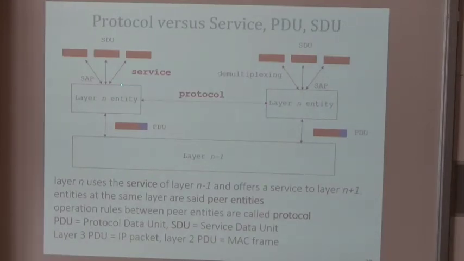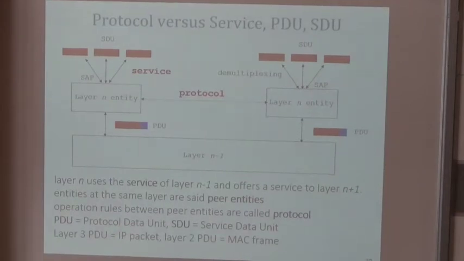That's the service interface. The elements of information that are passed across a service interface are called SDU, service data units, and the elements of information that are passed across a protocol interface are called the PDUs, protocol data units. So sometimes you will say that an IP packet is an IP PDU, and a TCP segment is a TCP PDU.